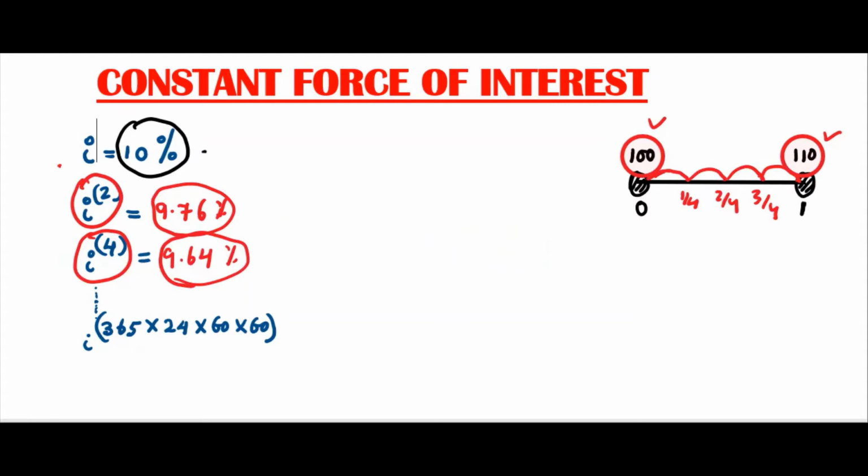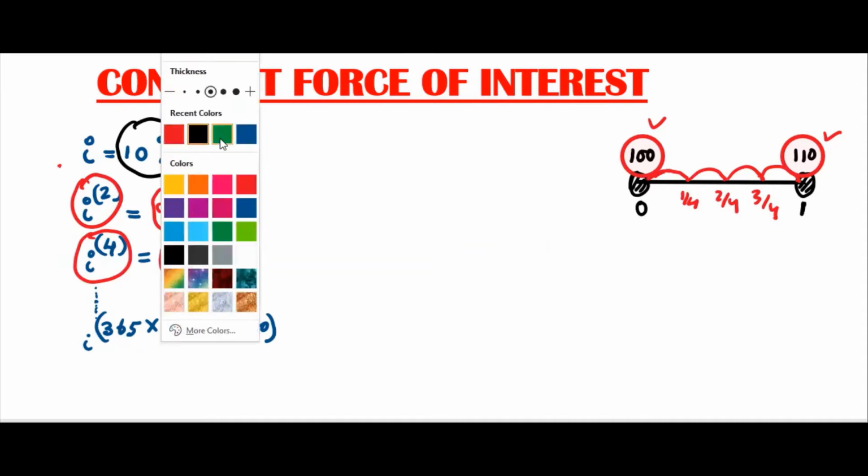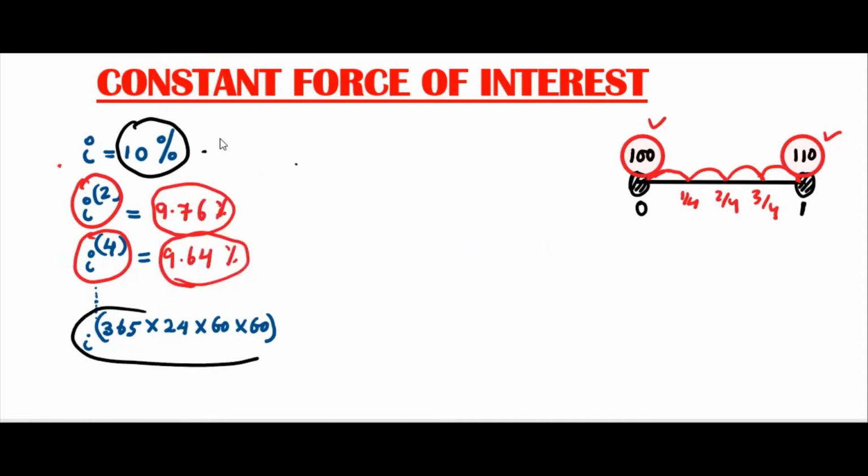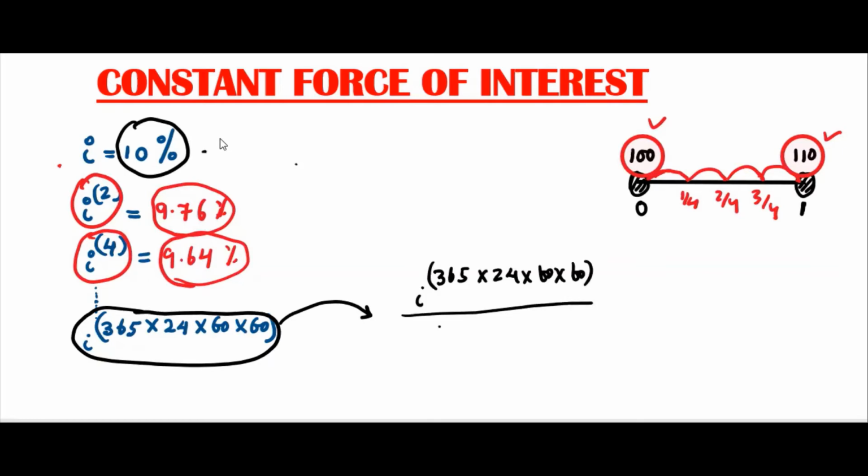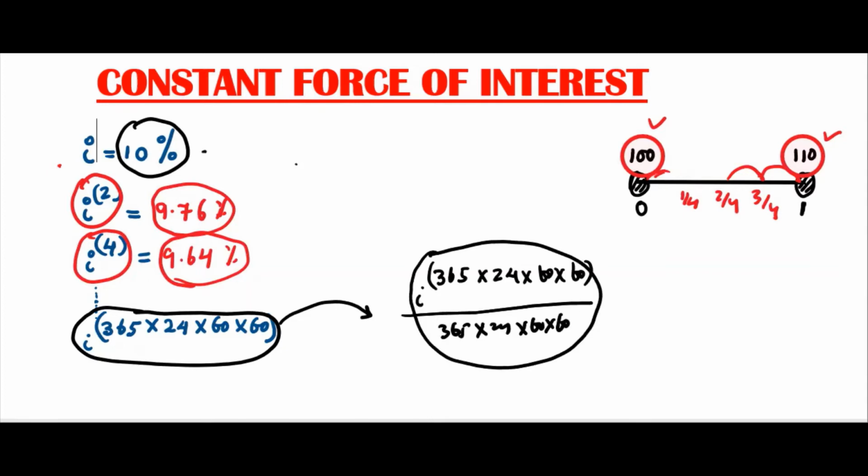Now go to this one. This is convertible to a 1 second interest rate. So you convert it to a 1 second interest rate. This is the effective interest rate per second. With this interest rate, with a period of 1 second, every second your money will be compounded.